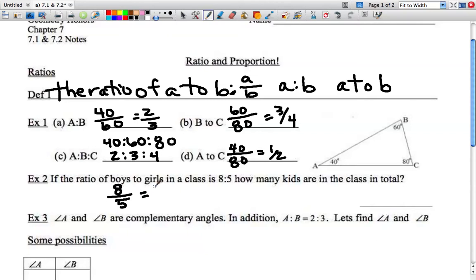If I multiply the top and bottom by 2, I'd get 16 to 10. Maybe I multiply the top and bottom by 3 and I get 24 to 15. So some answers to this problem would be 13, which is the sum of 8 plus 5, 26, which is the sum of 16 and 10, or 39, which is the sum of 24 and 15.